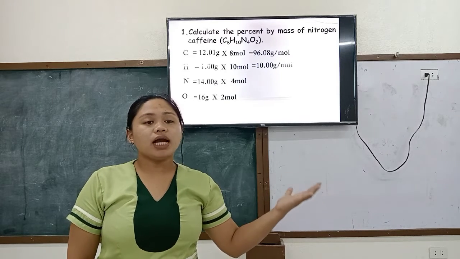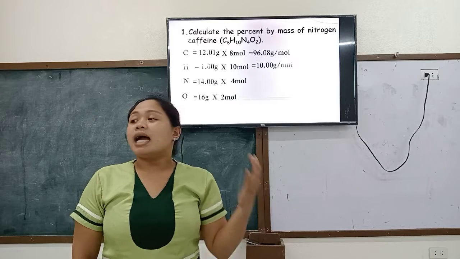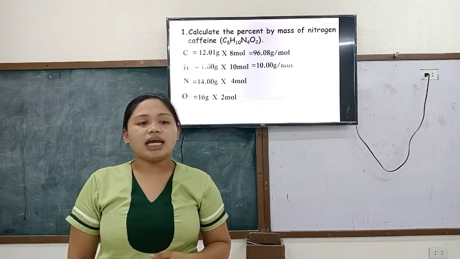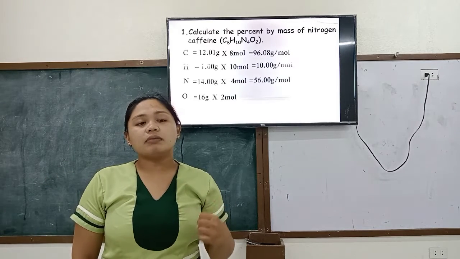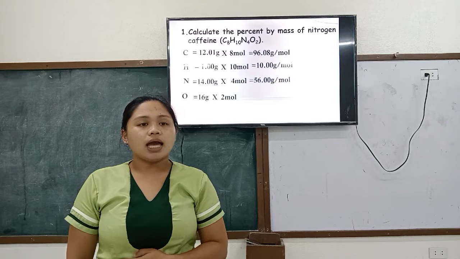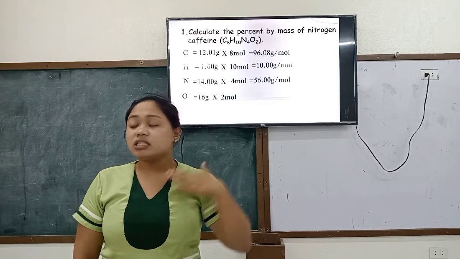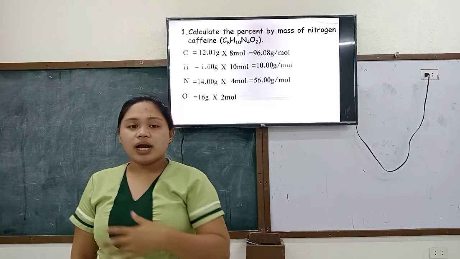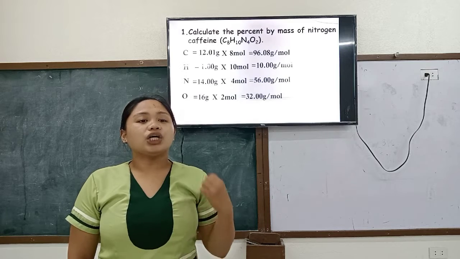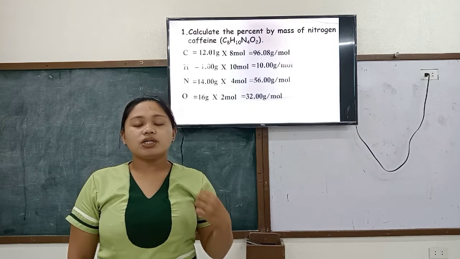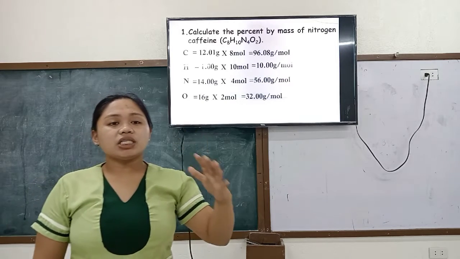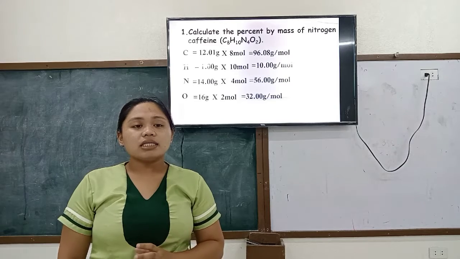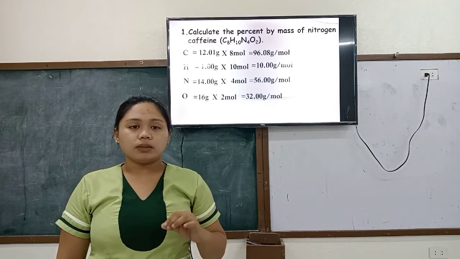Now, how about for nitrogen? What is the answer? Yes, exactly, which is 56 grams over mole. And for oxygen, what is the answer? Yes, correct, which is 32.00 grams over mole.